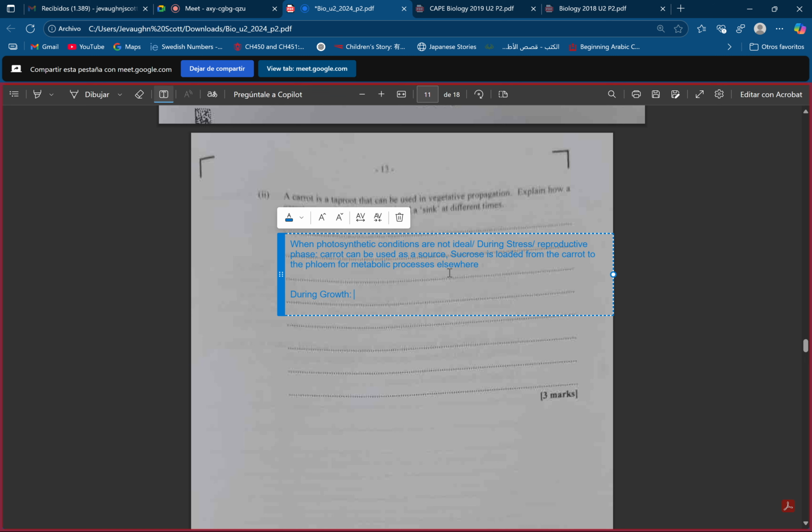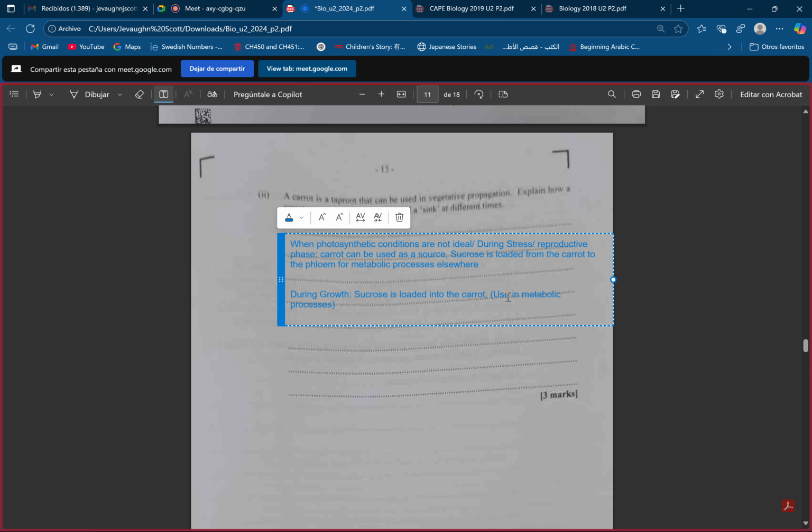So it acts as a sink. So we're looking at sucrose being loaded into the carrot. Lovely, right? This is for use in metabolic processes. So if we have growth or anything like that, we're gonna have the use of sucrose in the root for the growth, elongation, development of the root, right?